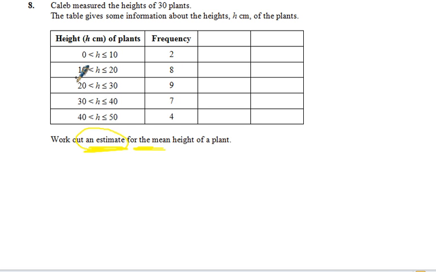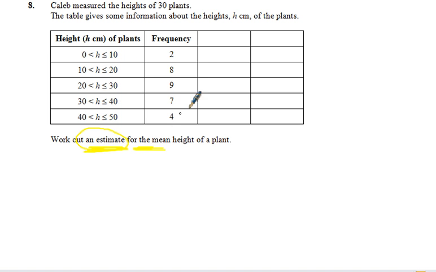This table also tells you that there were 8 plants with heights between 10 and 20 centimeters, but it doesn't tell you exactly their heights, right? So to calculate the mean, which is always calculated the normal way, you add all the numbers available, you divide by the total number of your objects, and you will calculate the mean.